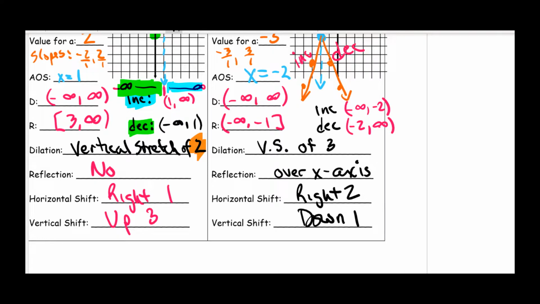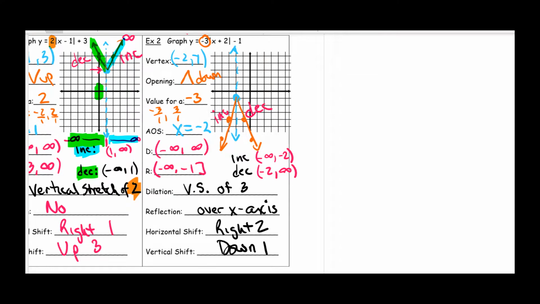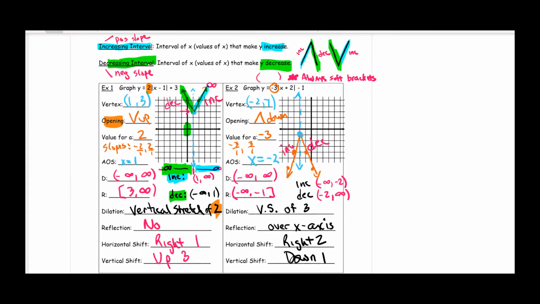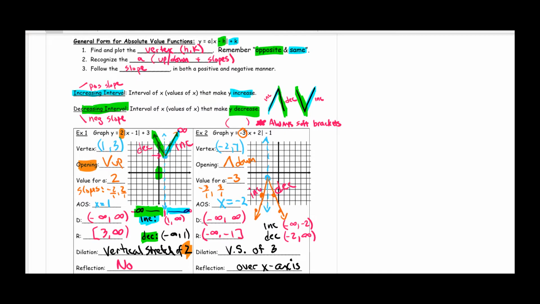And so notice those coordinates, -2, -1, they kind of sort of make up the coordinates for the vertex. So those are some pieces that you're going to want to pay attention to. So that's a general idea of how to graph the absolute value functions and talk about all those pieces with increasing, decreasing, finding your 2 slopes, locating the vertex and the AOS, and graphing them accordingly.